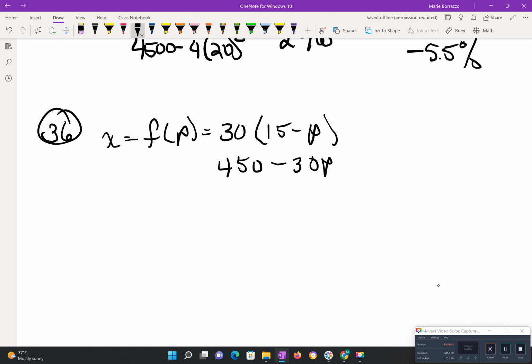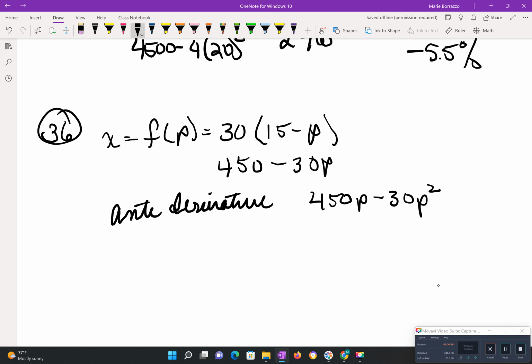Use the antiderivative for this. So we end up with 450p minus 30p squared. If we factor, let's see, do we have to do that? No, we don't need to factor. We actually are just fine. I believe that is our answer.